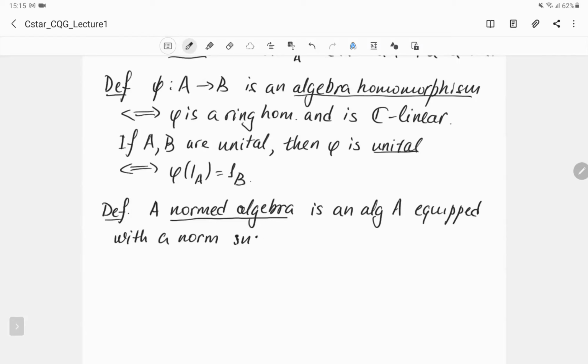And the norm is related to the multiplication by the following axiom.